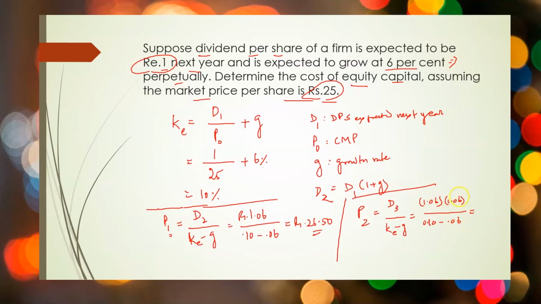So this is nothing but 1.124 divided by 0.04. So the theoretical price expected in year 2 will be rupees 28.